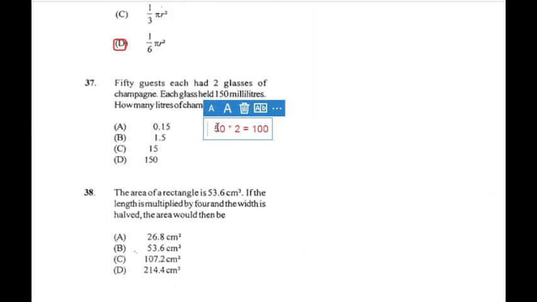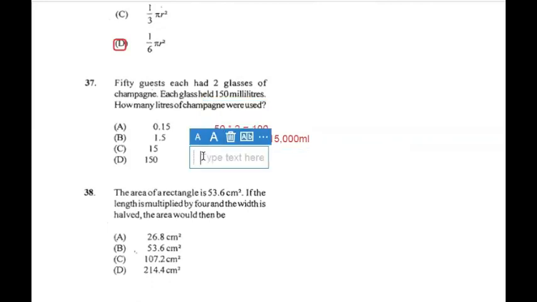So now it is 100 multiplied by the 150 milliliters to give us 15,000 milliliters of champagne served. And now we're moving from milliliters to liters, and we do this by dividing by 1,000.